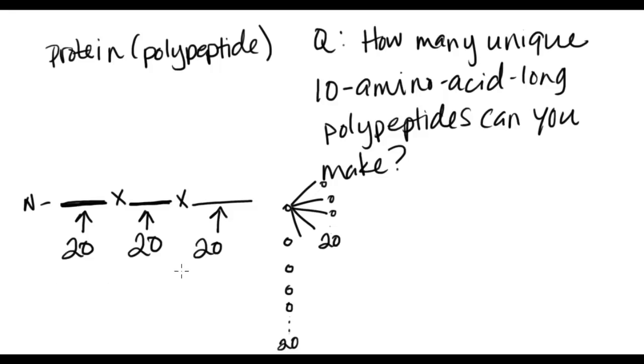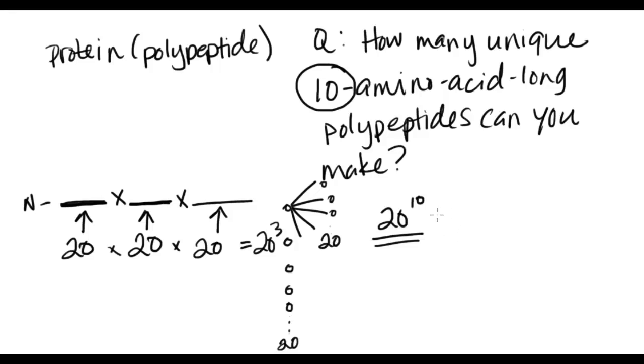So if I were looking at just these 3, another way to write that in shorthand, 20 times 20 times 20, would be 20 to the third. In this case, where I have 10 amino acids, so I have 10 slots, would be 20 to the 10th. And that's a big number.